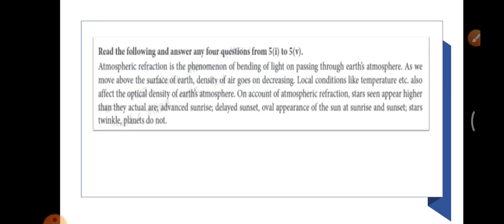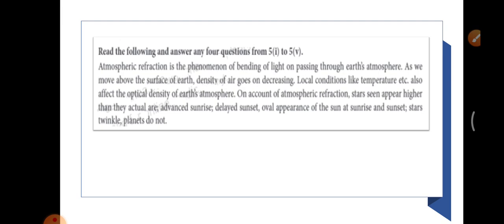The next question. Read the following and answer any 4 questions. Atmospheric refraction is the phenomenon of bending of light on passing through the Earth atmosphere. As we move above the surface of Earth, density of air goes on decreasing.